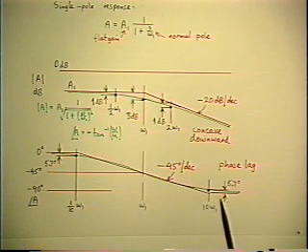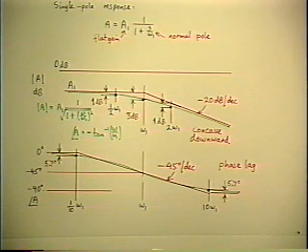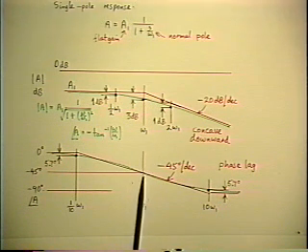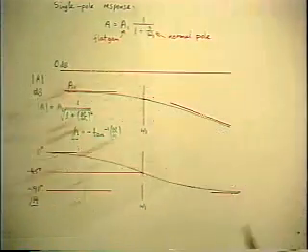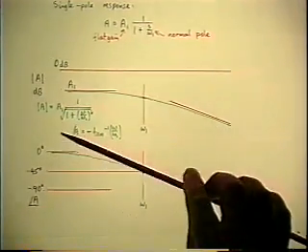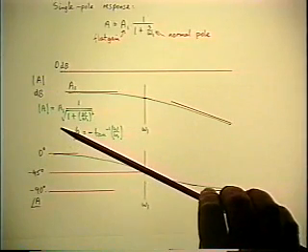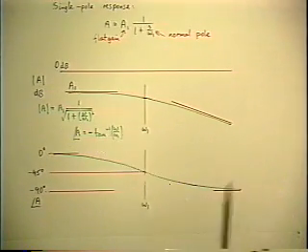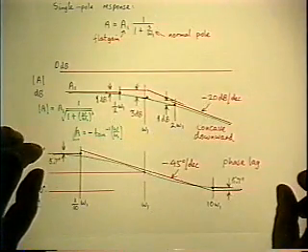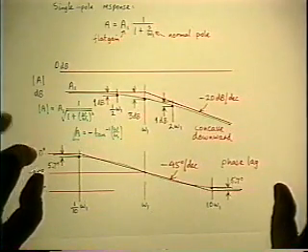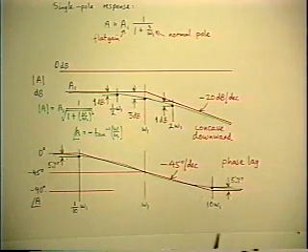So I have chosen an approximation which is in fact more satisfactory than the initial one I suggested. And it's easier to remember. So the way you do it is, if you want to draw a straight line approximation for the phase graph of a single pole function, you simply mark off 1 decade in frequency, and you draw a straight line going from the corner frequency to that frequency, and that's a very good approximation to the actual curve.